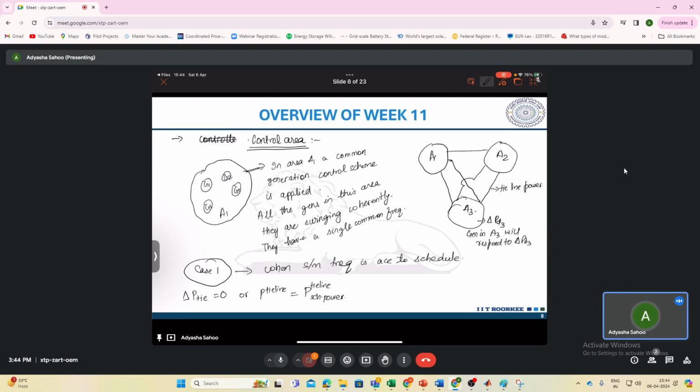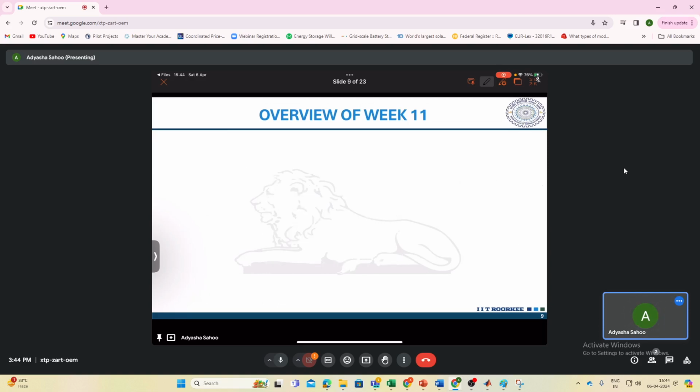For the second case, again, let's say a delta PD3 disturbance is there, but now the generators in area 3 are not able to regulate the frequency, which means that the sum of delta Pg3, meaning all the generators in area 3, is not equal to the disturbance PD3 for some reason.